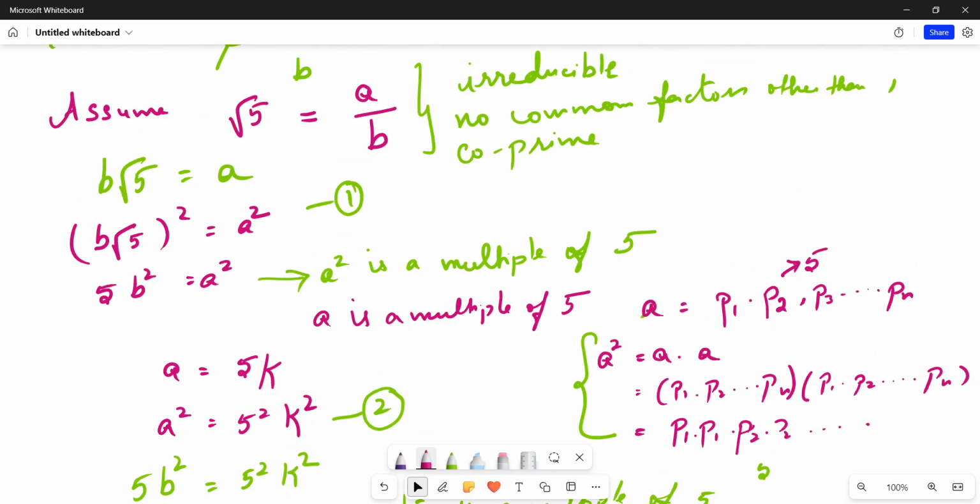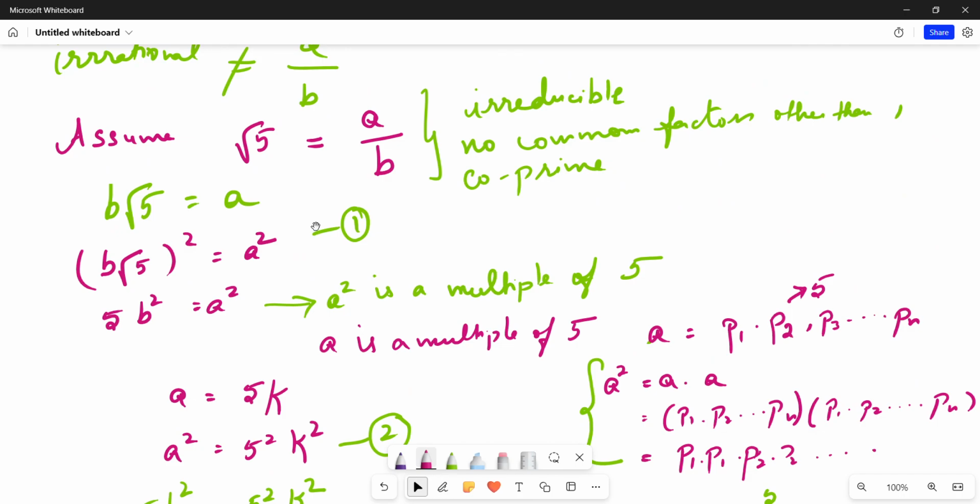But what was our assumption? Our assumption was that a by b was irreducible. They were coprime, no common factors other than 1. Of course, all mean the same. But this assumption of ours has led us to the contradiction that a and b have a common factor, which is 5.